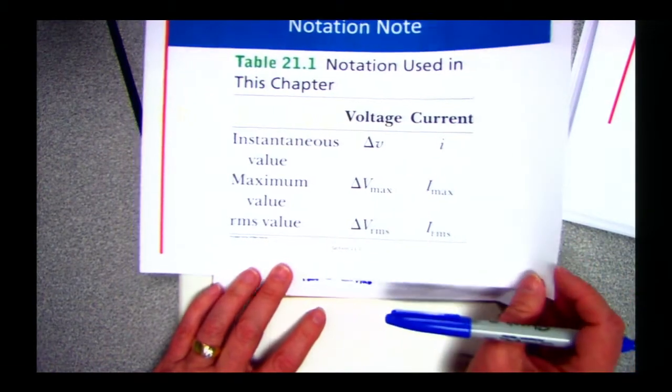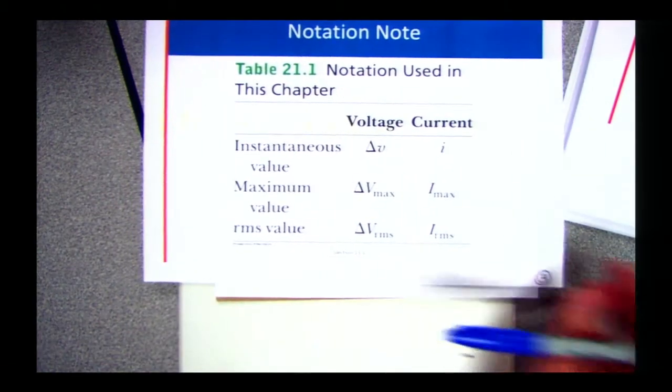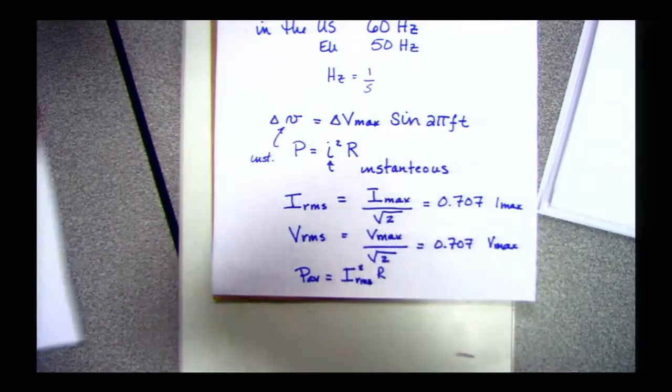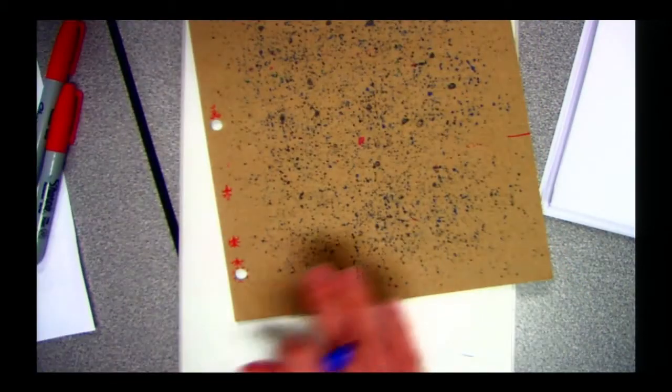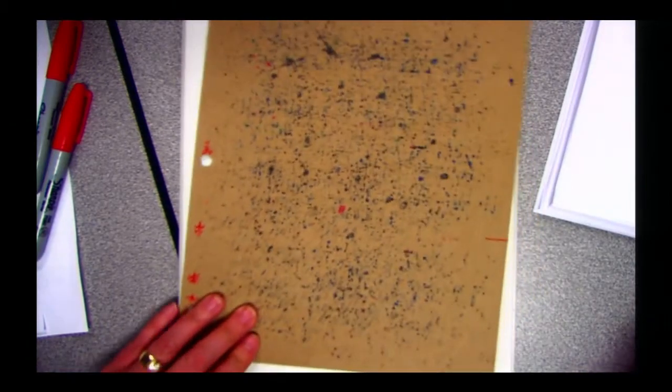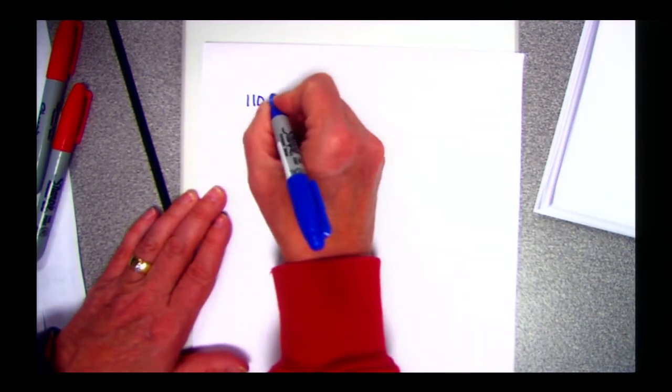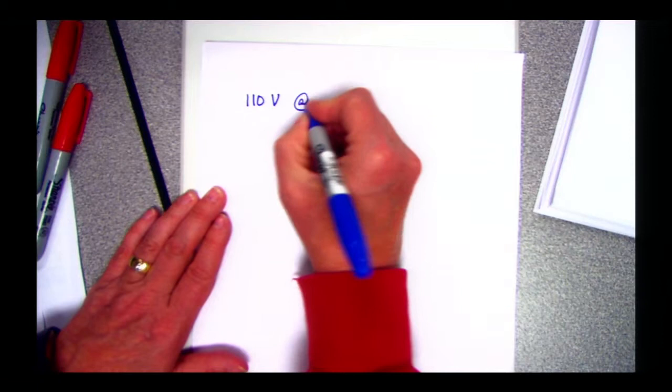So let's work a quick problem here. Trying to keep my slides straight. So we're going to use our regular circuit. Our household circuits are typically 110 volts at 60 hertz.